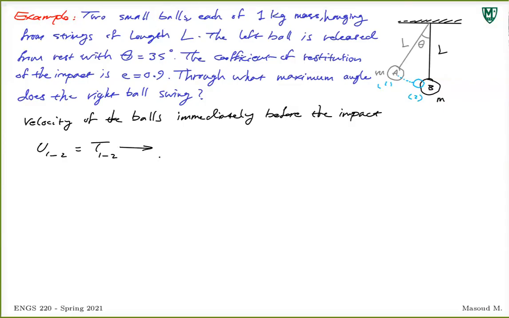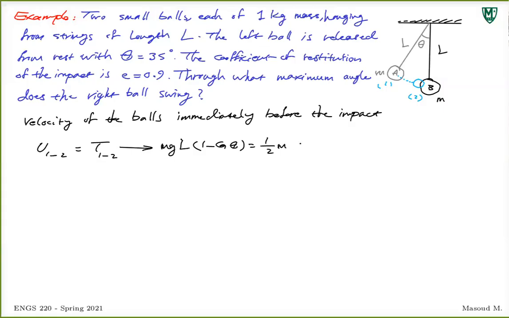In reality, it's there. So change in height would be mgl(1 minus cosine theta). Since we're going downward, it is positive. And the kinetic energy is released from rest. So that becomes 1/2 mv2 squared minus, we're just looking at ball A.